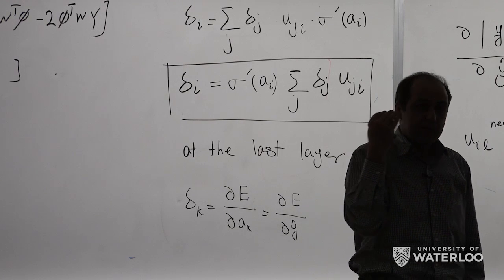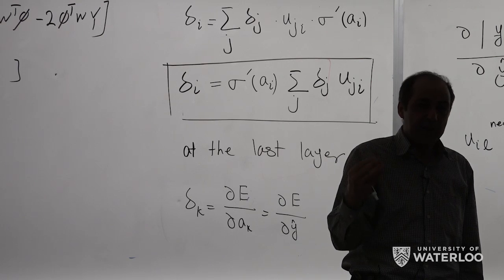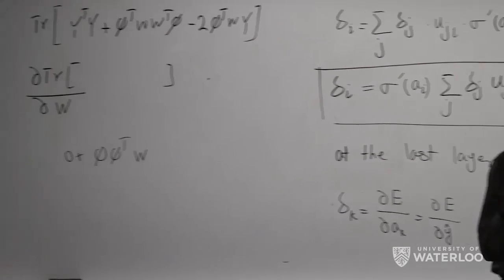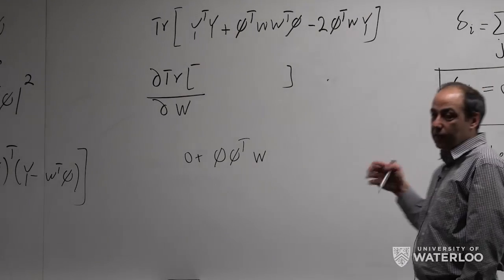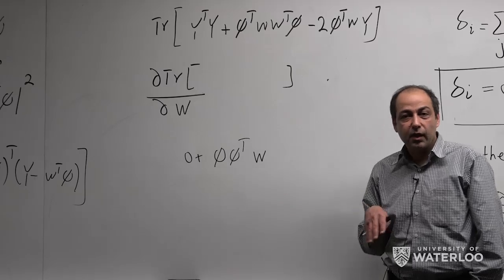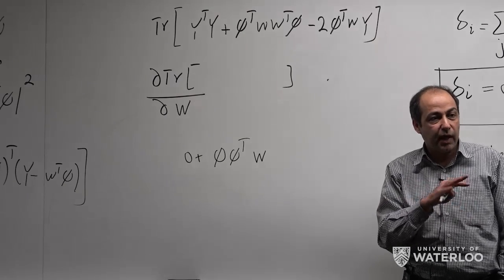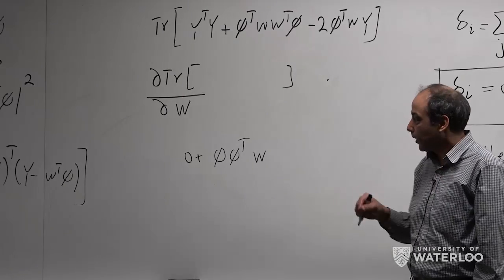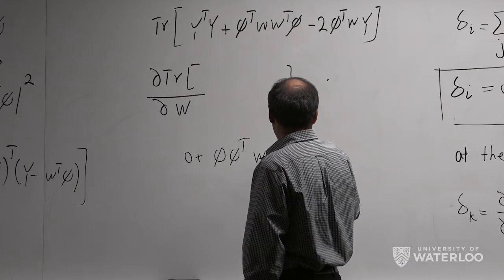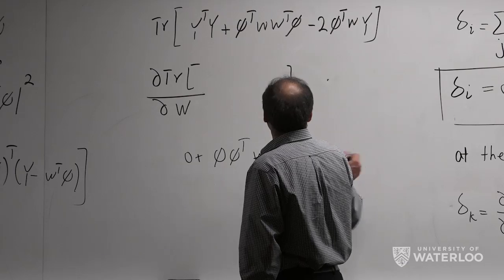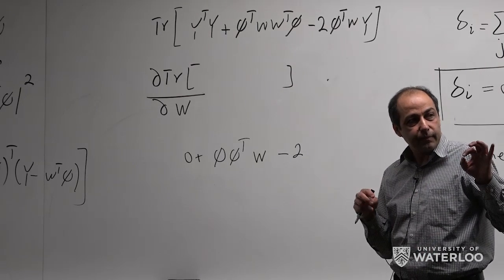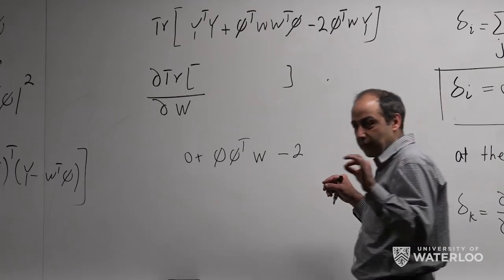Derivative of trace in linear form, quadratic form, cubic form, derivative of determinant, derivative with respect to a vector, with respect to a matrix, with respect to the transpose of a vector, transpose of a matrix. So for your assignment, it's going to be pretty handy. Just refer to that one. So make sure that you don't make mistakes, and I hope I didn't make a mistake here. But we'll see. If I made a mistake, the dimensionality will not match, and we'll see that.